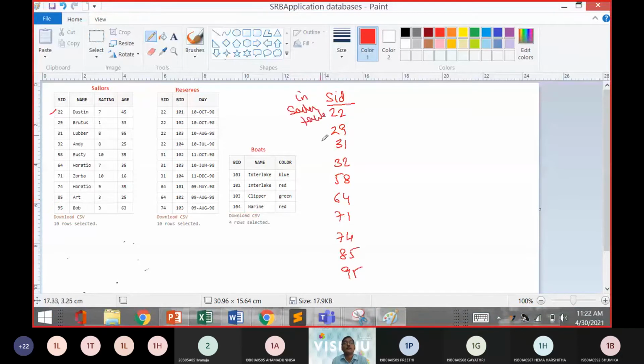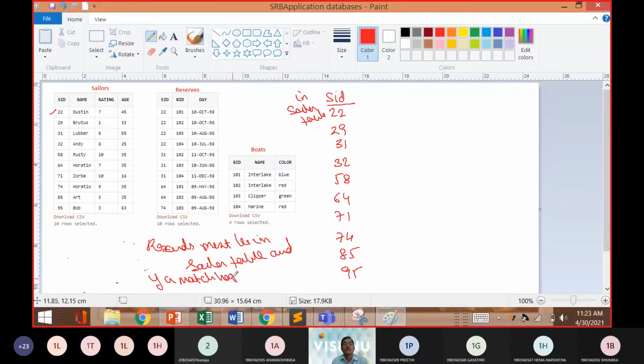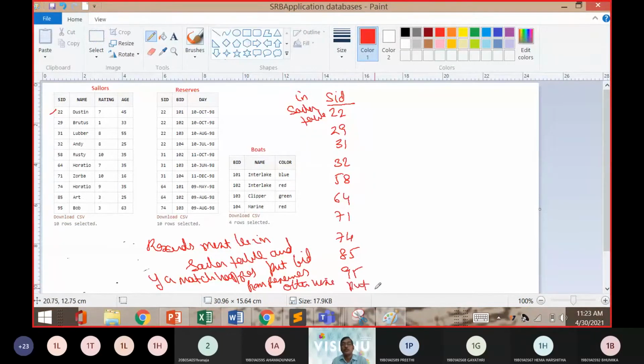The question is, records must be in the Sailors table, and if a match happens, put the boat ID from Reserves. Otherwise, put null.